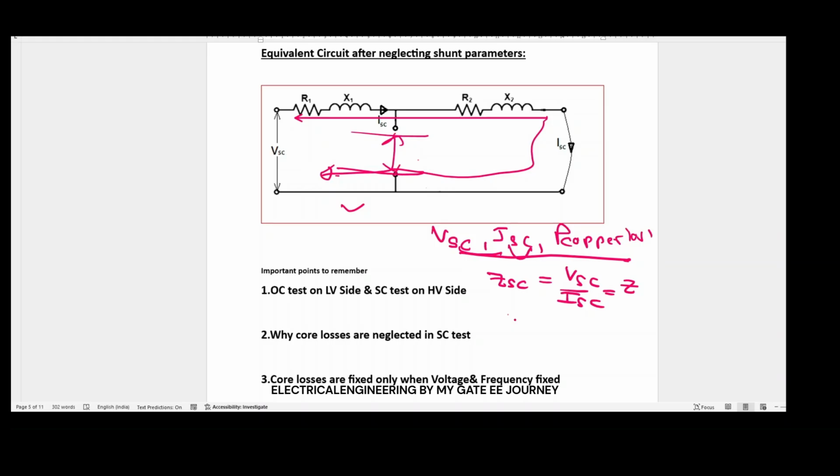From this we can find R equivalent, nothing but P copper losses by rated current squared.